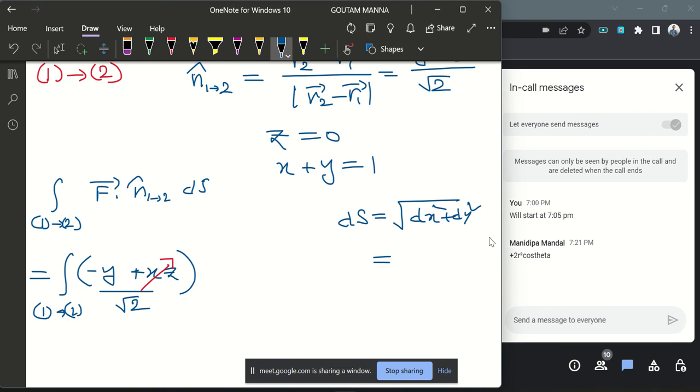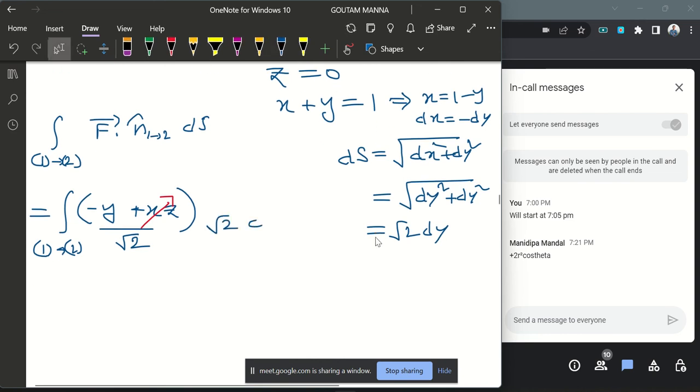And now ds, we can replace x as 1 minus y, and then dx equals minus dy. So we can write dx square as dy square, so it is dy square plus dy square, which is root 2 dy.